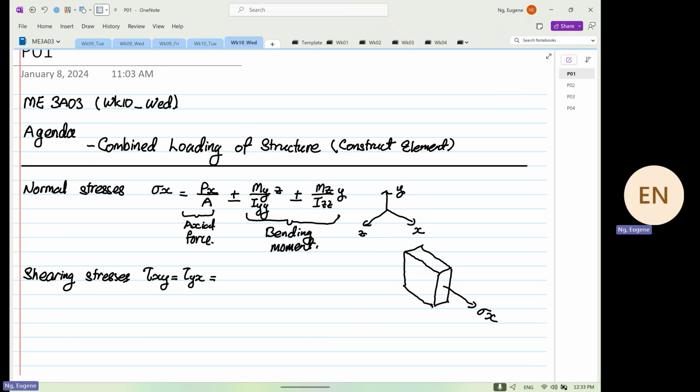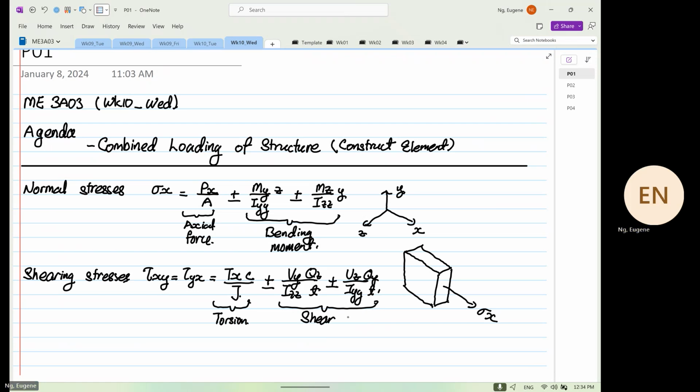And this will be equal to Tx C over J plus or minus Vy over Izz Qz over T plus or minus Vz over Iyy Qy over T. This is due to torsion. This is due to shear force.